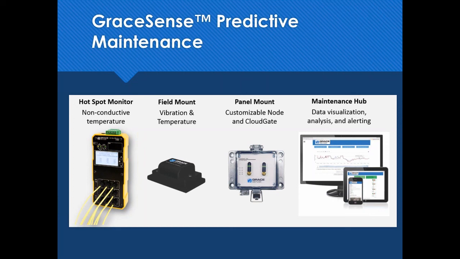And the next one is a panel mount node, which gives you an interaction between these devices and other parameters of the same asset. A good example would be a compressor connected to a machine panel. You're monitoring the temperature and vibration data using a field mount node, and then at the panel mount node, you can monitor other parameters like the voltage, frequencies, other temperature thresholds, or RTDs for that matter, or the current draw.